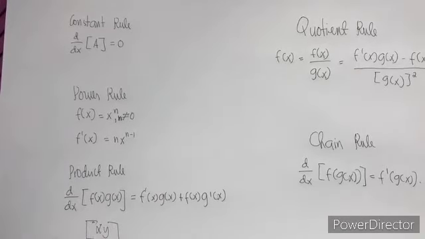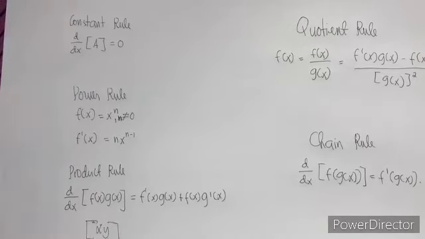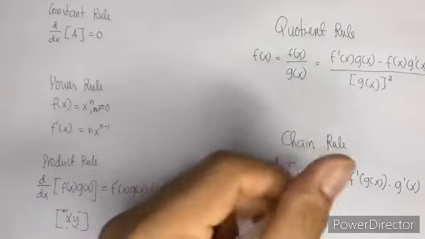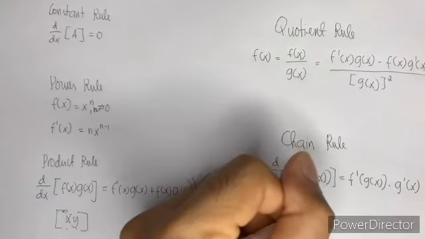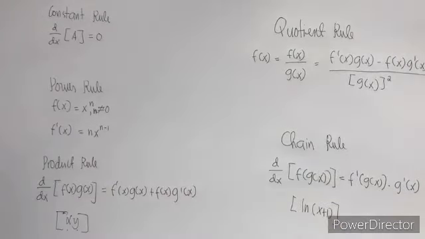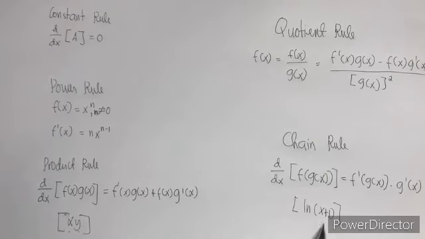Kasi nga, this is the F and this is the G. So, product rule. If chain rule naman ang gagamitin mo, so for example, ln of x plus 1. So ito, yan. Baka magtataka ka kung bakit parang magkapareha yung product rule at chain rule.